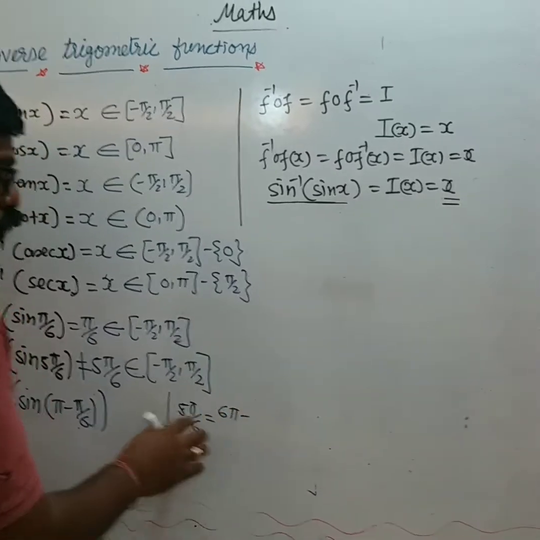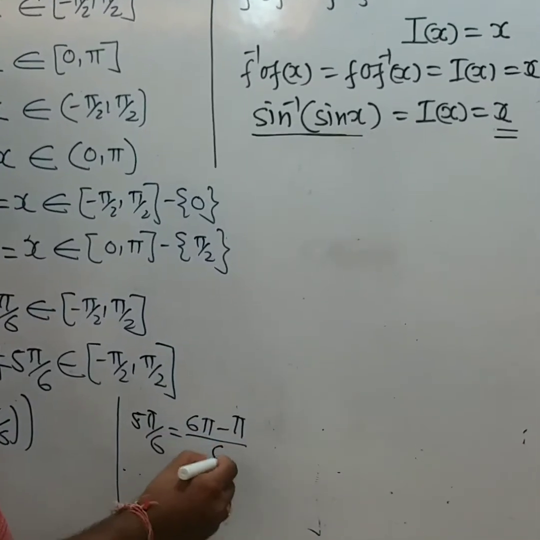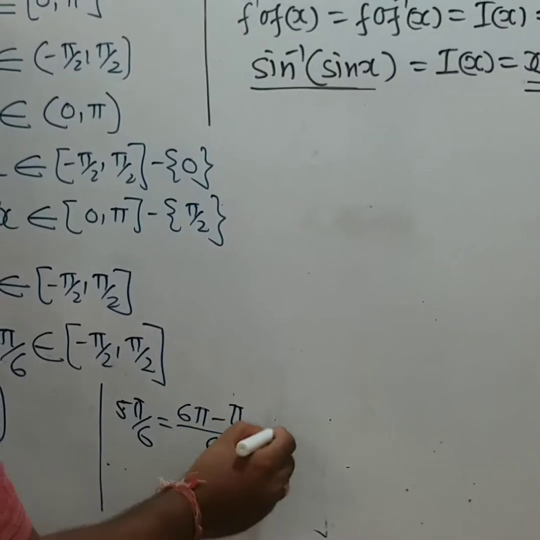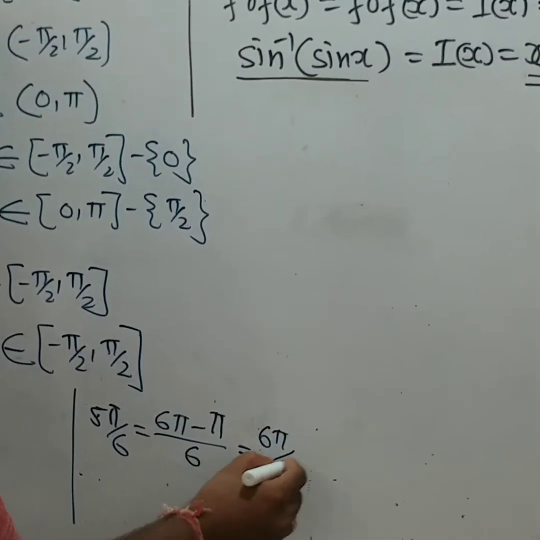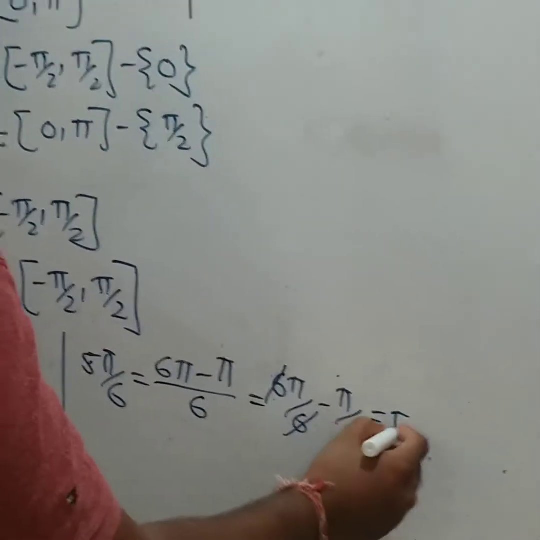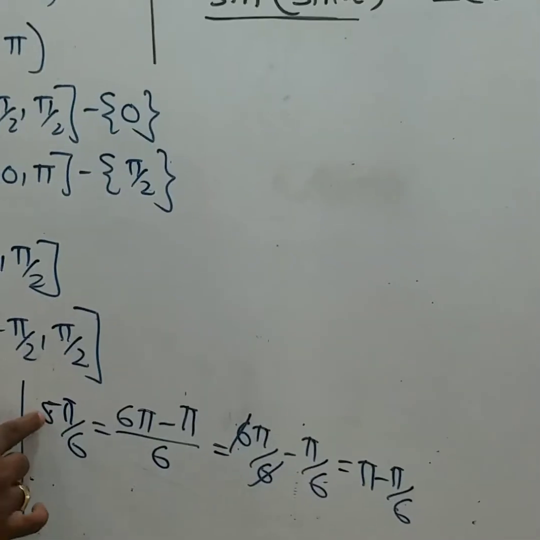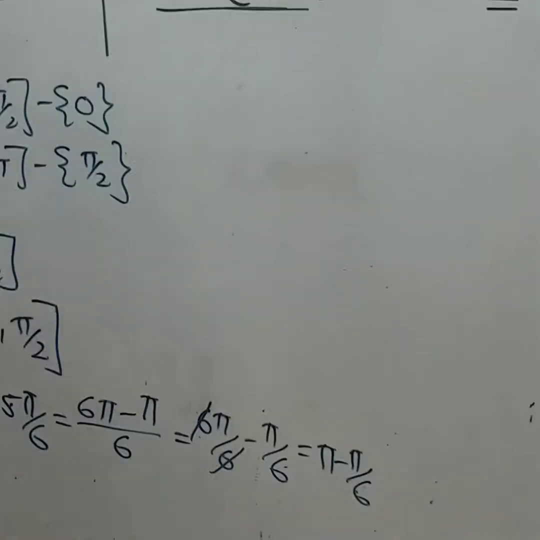And then to obtain 5 pi, we have to subtract pi. Then separate the number, 6 pi upon 6 minus pi upon 6. This will be cancelled, so pi minus pi by 6 is there. Thus, we can convert 5 pi by 6 into pi minus pi by 6.